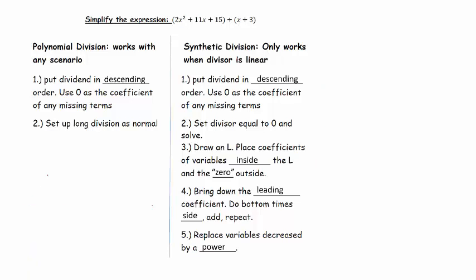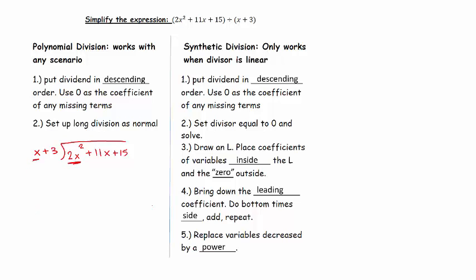So we're going to start with the polynomial long division. We're going to set up long division. It's already in descending order. We want to do 2x squared plus 11x plus 15 divided by x plus 3. Just like the very first problem when we did long division, we set it up. What we're trying to do is take this divided by that.